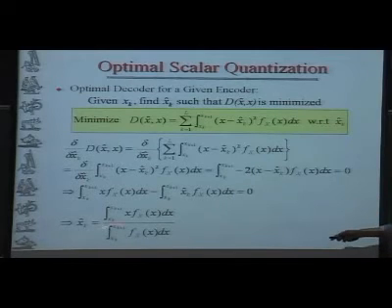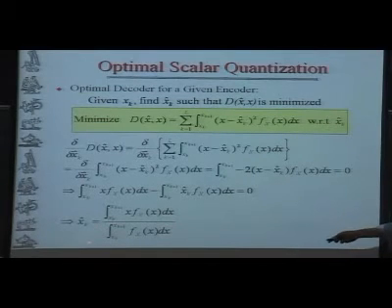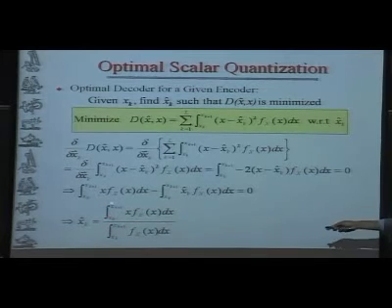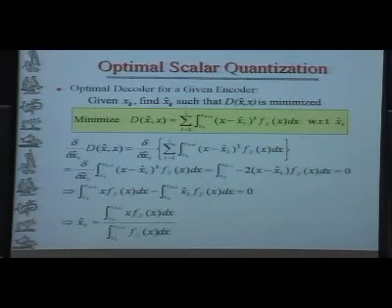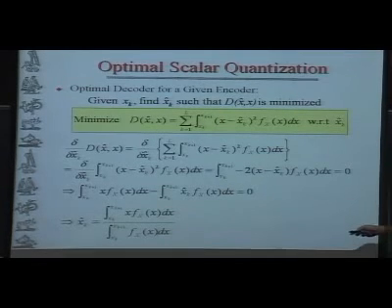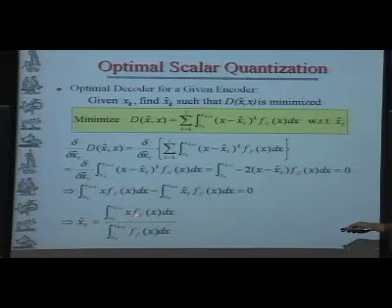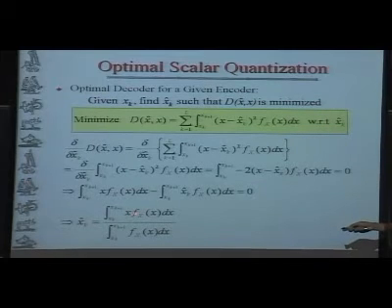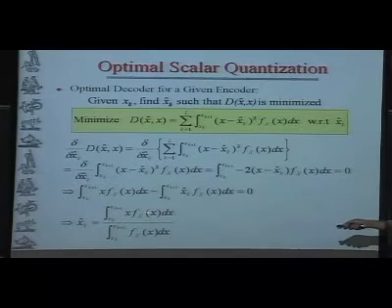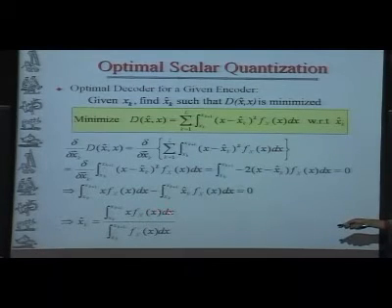This is just a scaling scalar. Okay. What about the terms up here? That's the expectation of x. Okay. The expectation of x within the interval, with f_x of x.